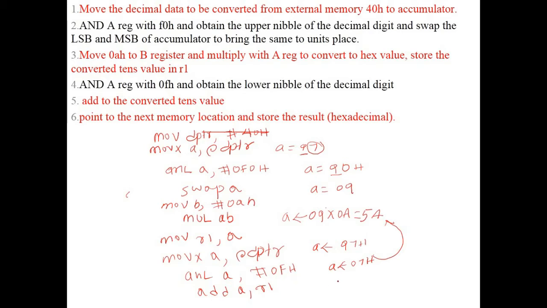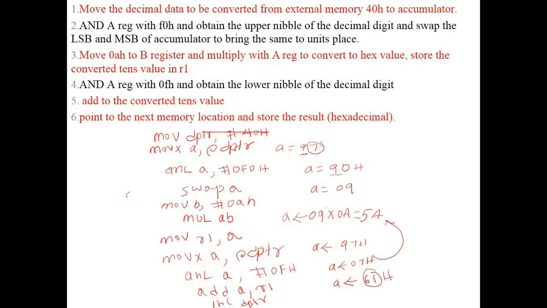After this we get the data 61H. Now this result needs to be stored in the 41H memory location. That's why we need to increment DPTR, because at present DPTR is 40H.